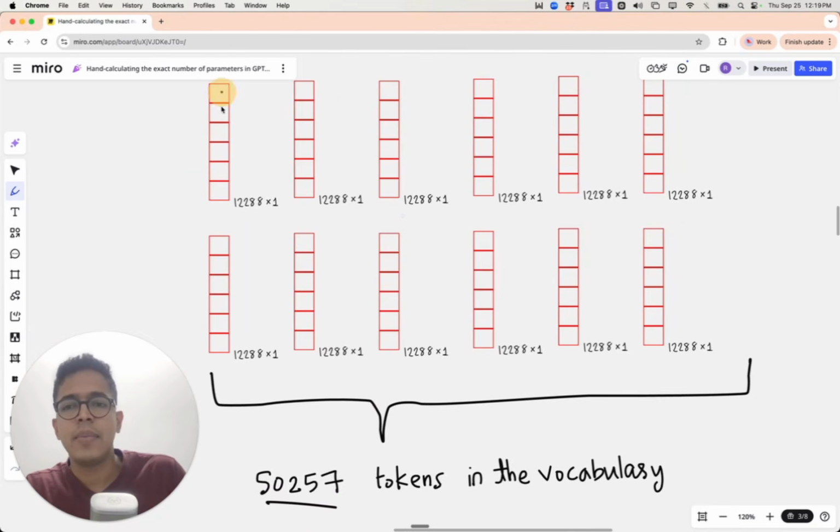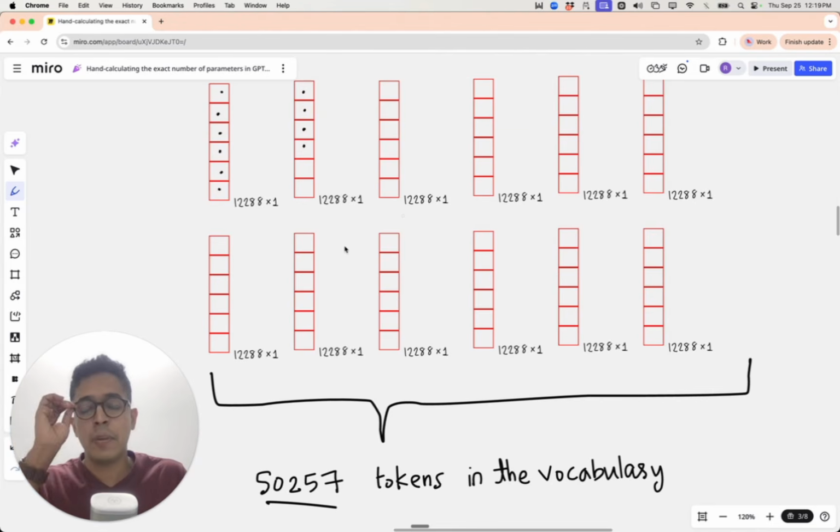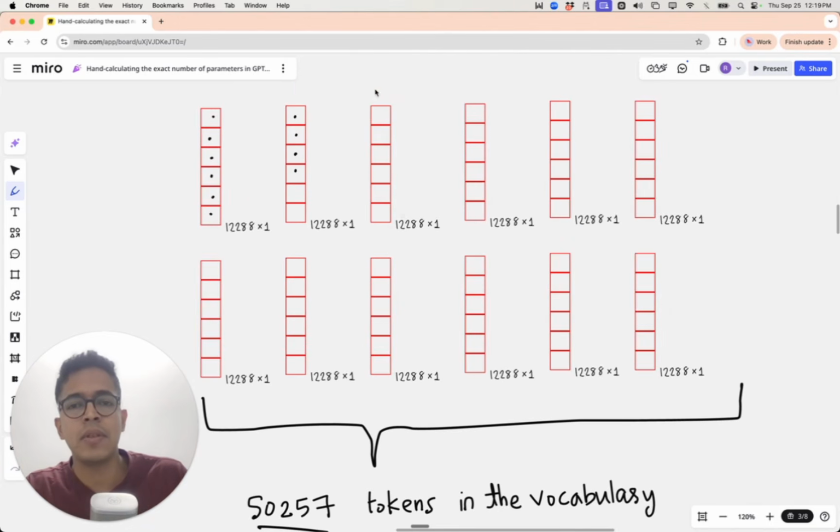And there are numbers inside each of these, right? Each of these are numbers that are trained so that you can have a good representation of each token. So let's say one word is a token, then maybe this is the token corresponding to the word cat. This is the token corresponding to the word, let's say, zebra. There are subwords also. I'm just simplifying it here.